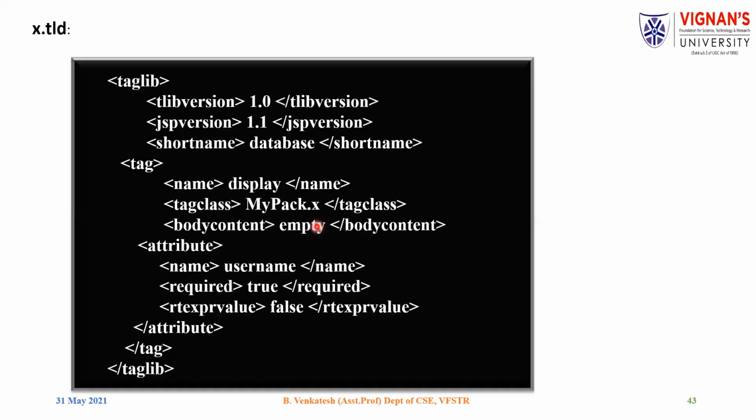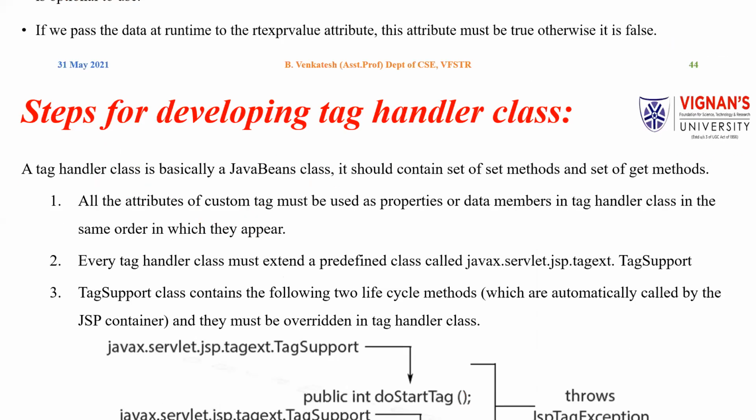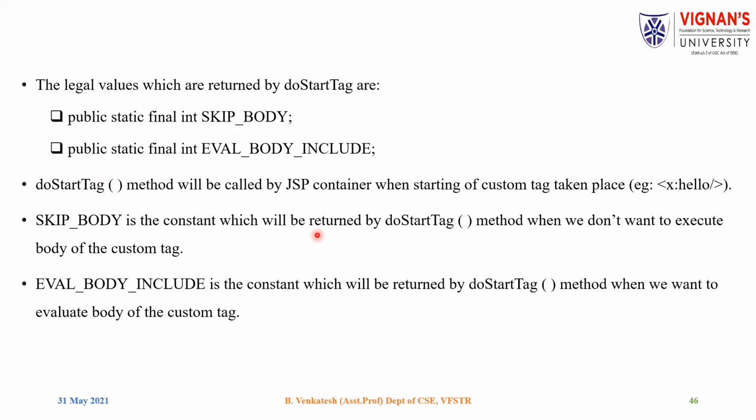So if we want to do nothing, then the return value of doStartTag is SKIP_BODY. EVAL_BODY_INCLUDE is a constant which will be returned by the doStartTag method when we want to evaluate the body of the custom tag.